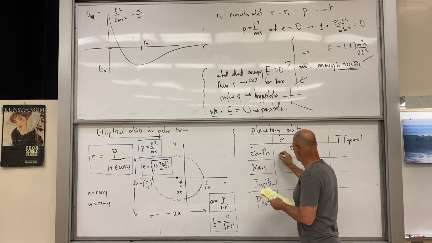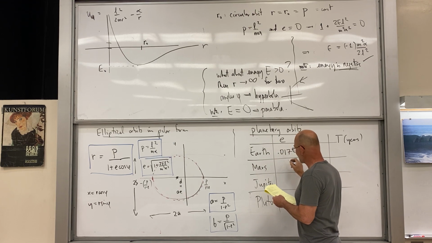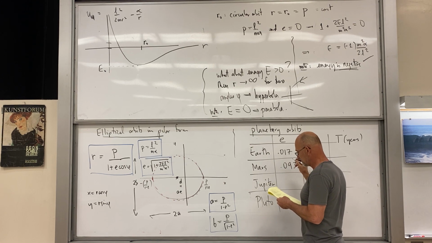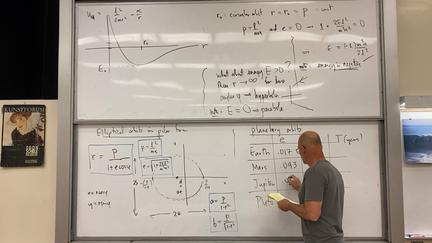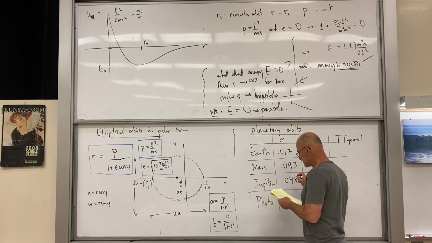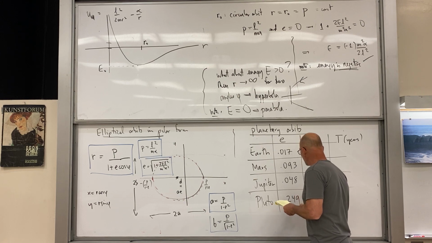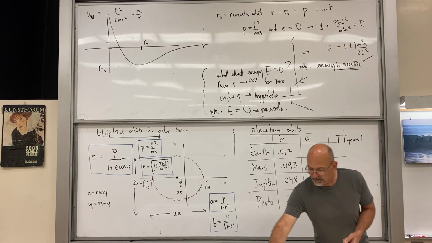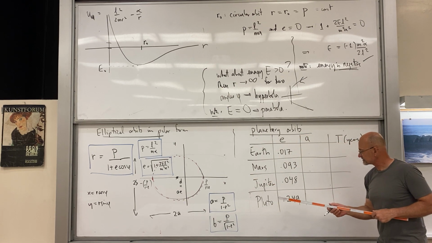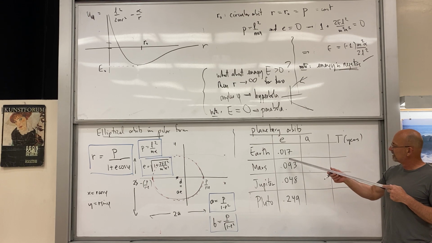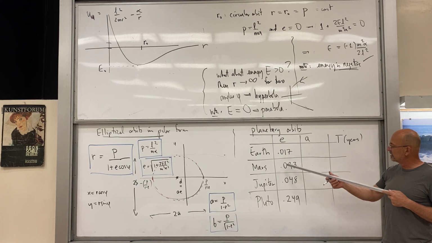Eccentricity 0.017, 0.093, 0.048, 0.249. So here we already see something really interesting. Pluto has a major eccentricity. Earth, very little.